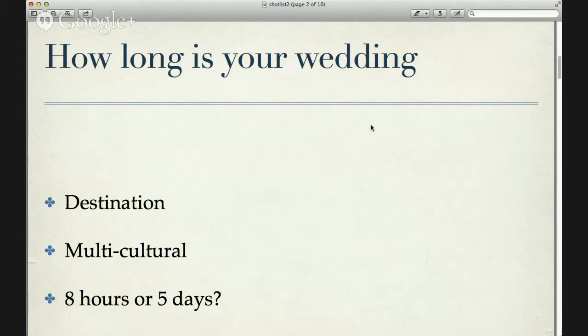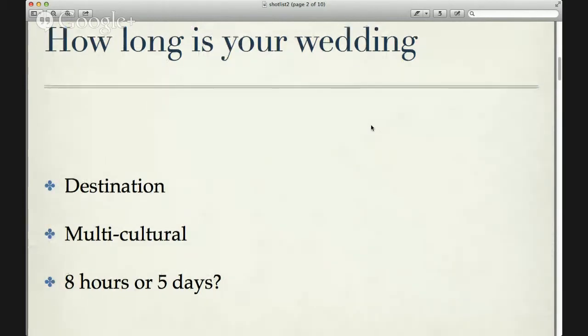You can make a cool collage after the wedding with any photos people took of their city and where they were from. You can make a cool memento of who traveled the farthest, or even turn it into a scavenger hunt. Again, thinking about how many days your wedding is will help set what you want to include in the shot list.